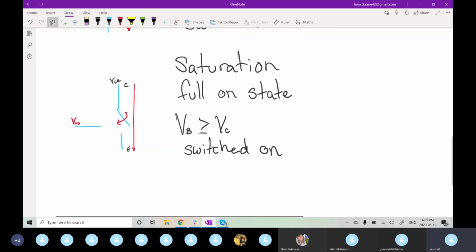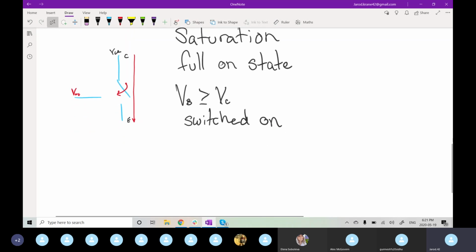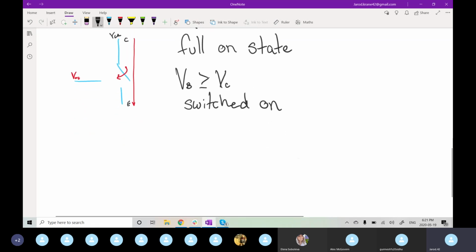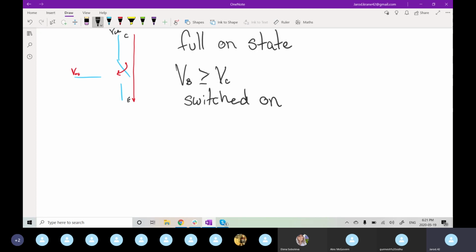And finally is the active region. This is the kind of special region to the transistor.